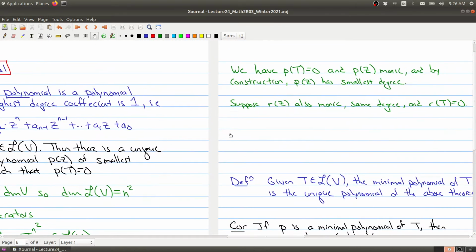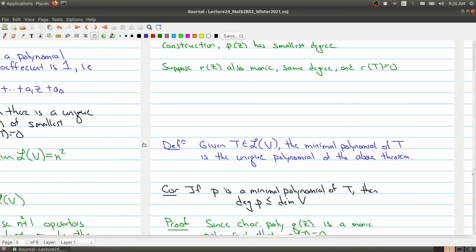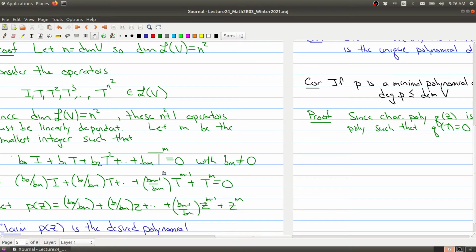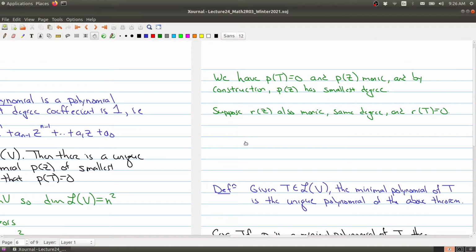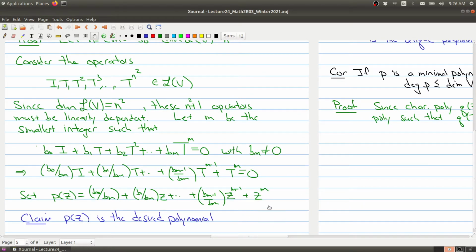We actually have most of what we need. We already have that p(T) equals the 0 operator, because when we plug T into this polynomial, we get the 0 operator. And it's monic because we cooked it up so that the leading coefficient is 1.